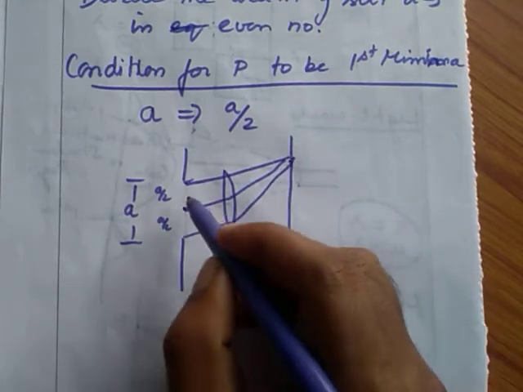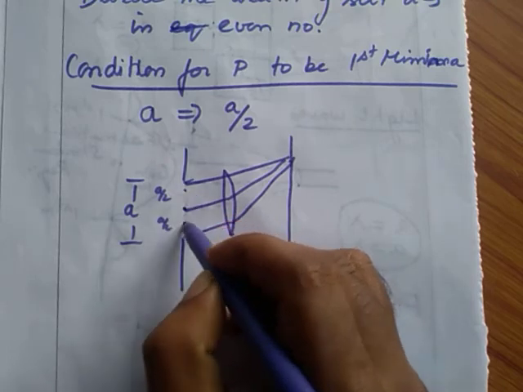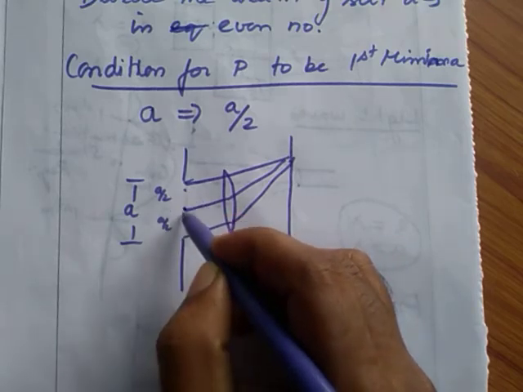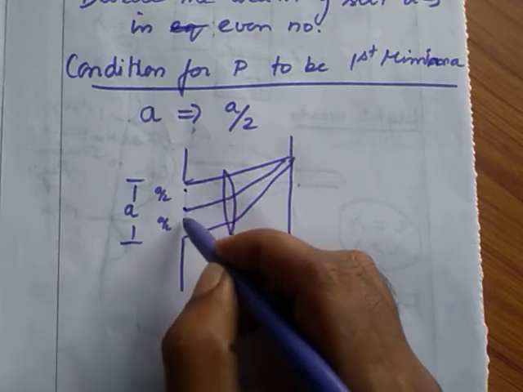See this point and this point having the distance a by 2, so these two points are corresponding points.